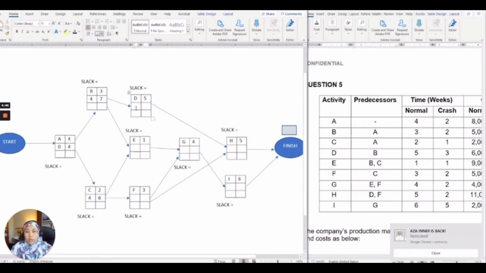For activity D, we get the earliest finish from activity B, which is 7, plus 5 equals 12.